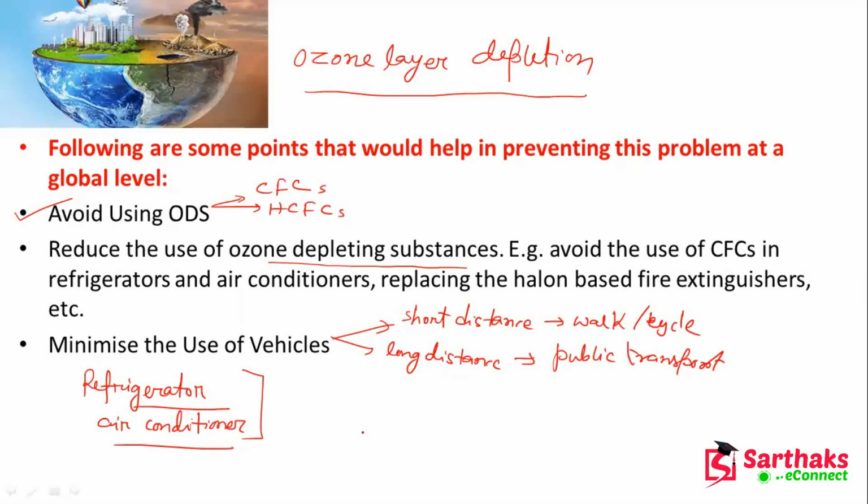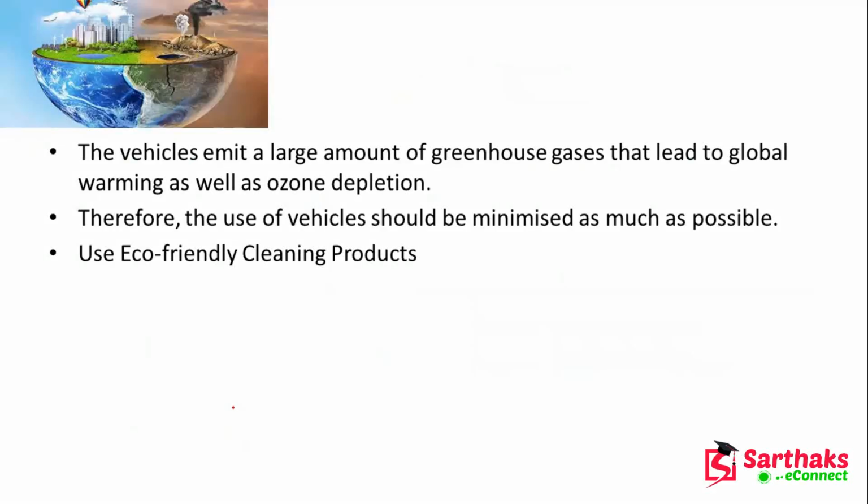So we can reduce these constituents. Vehicles emit a large amount of greenhouse gases, and that leads to global warming. So we have to use public transport as much as possible.